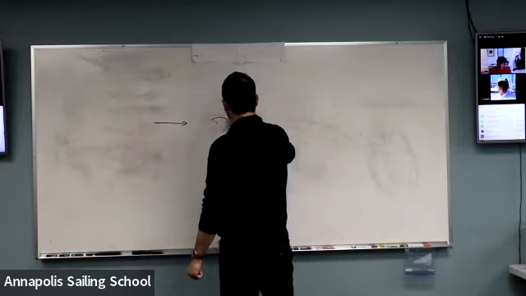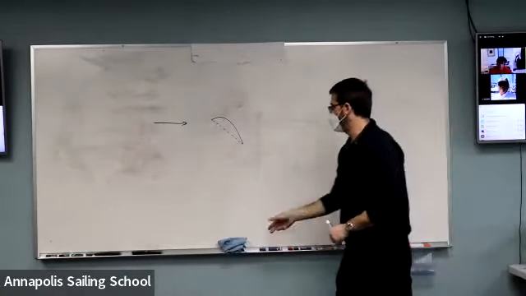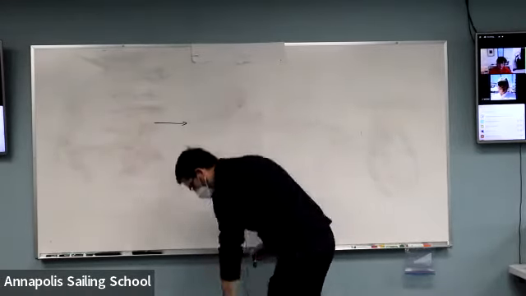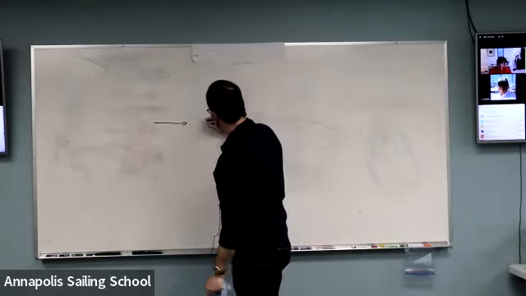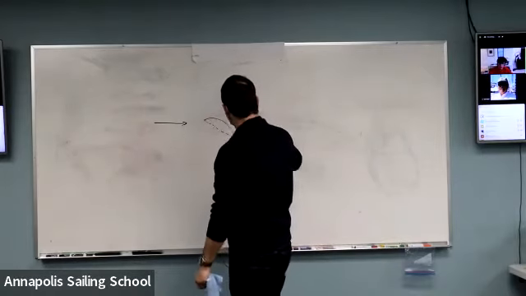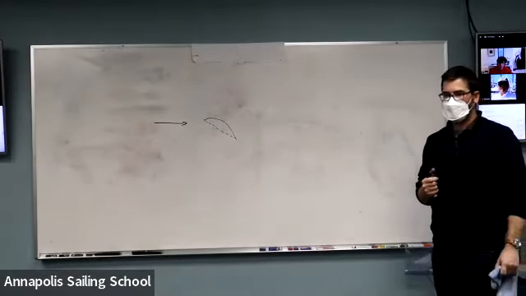Sail looks something like this. Seems a little steep. Seems more like a 45. Let's try a little less angle of attack here. So how does that sail generate lift?